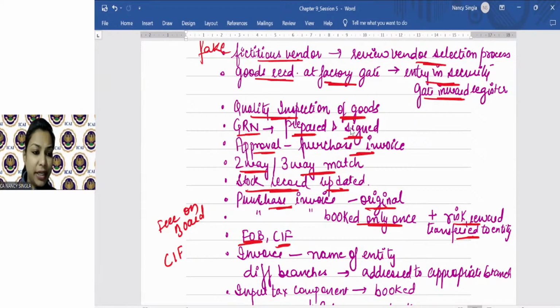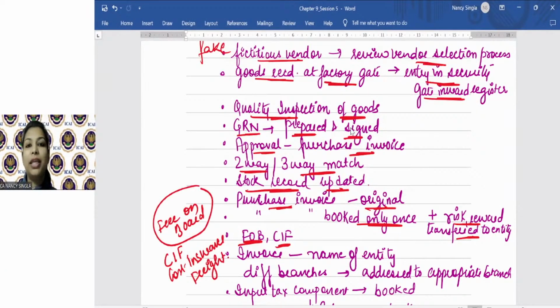Cost, insurance and freight. देखो फ्री ऑन बोर्ड में क्या है, when see free on board is where the seller is responsible for taking the goods near to the port to his end. मतलब अपने port के पास he has delivered the goods, and after that it is the responsibility of the purchaser to take it to its factory. तो यहीं पर तो risk and reward has been transferred now.